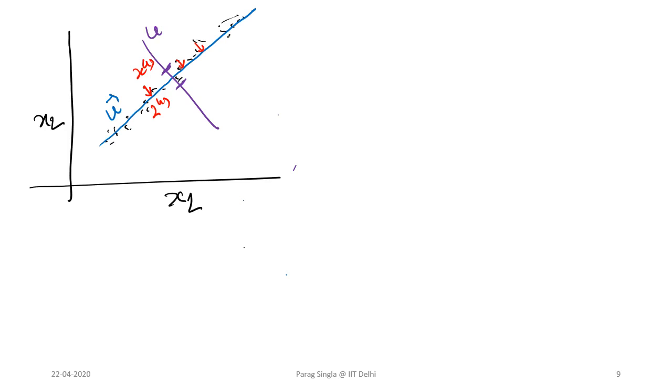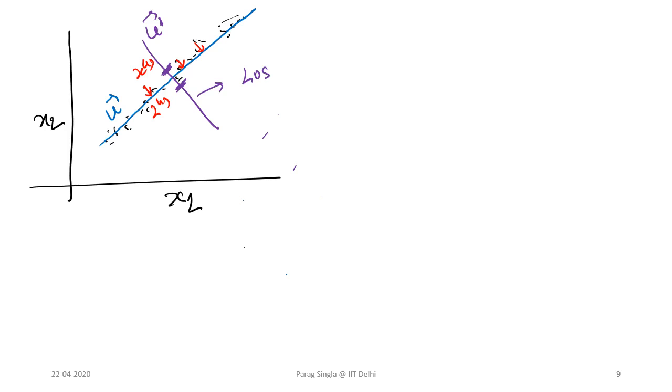So if you decided on a different direction u prime, perpendicular to this u, this is not a good direction for projection, because all your data will be squished between these two markers.